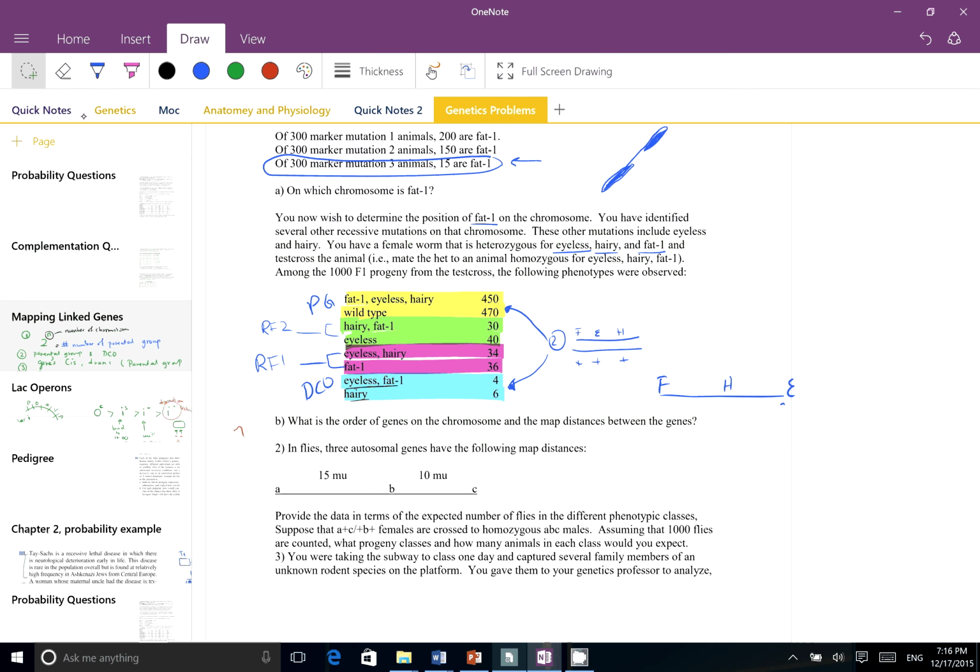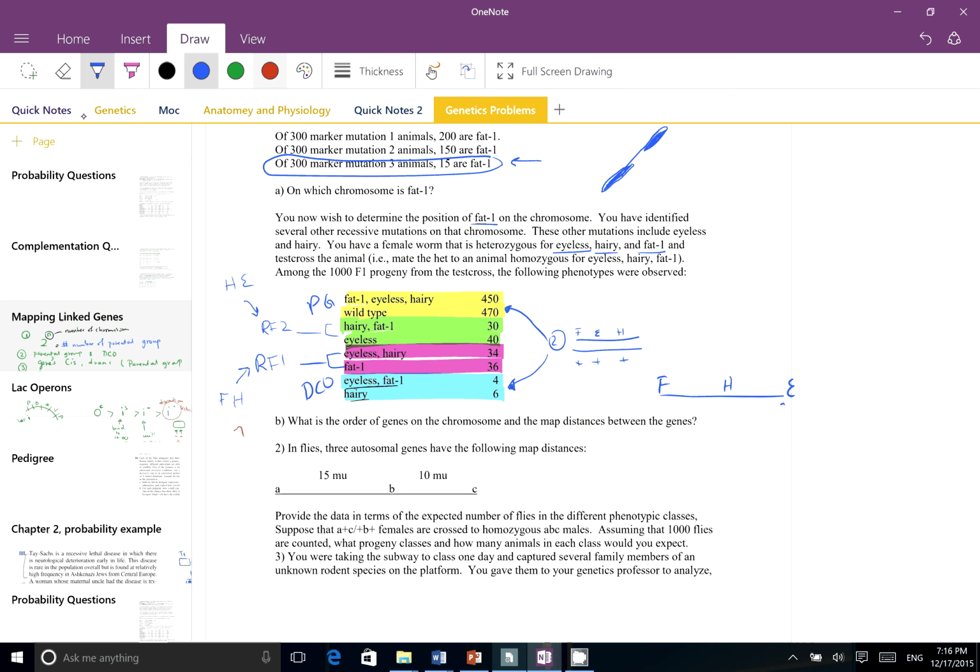RF1 is going to give me the distance between F and H, and this one is between H and E. So all I have to do is use the equation. What is the equation?